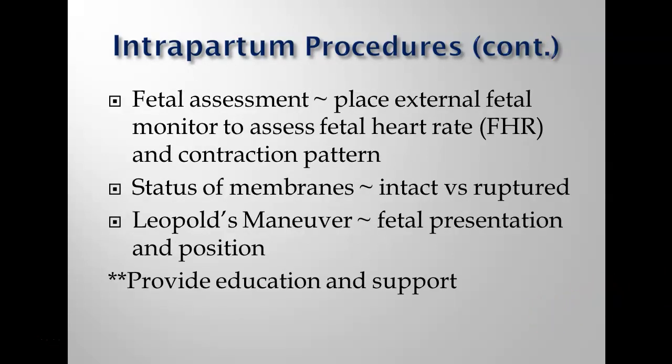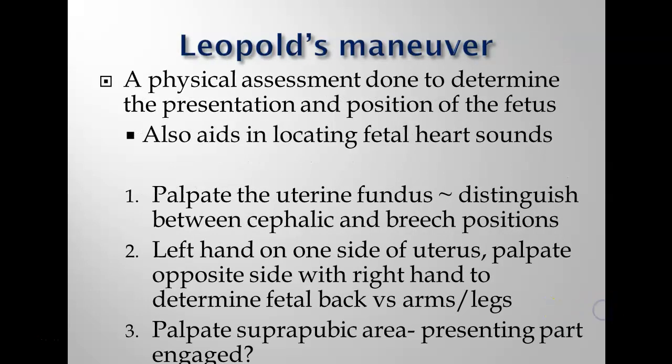We also want to do fetal assessments by placing the external fetal monitor to assess the fetal heart rate and the contraction pattern. We want to assess the status of her membranes, whether or not they're still intact or if her water has ruptured. We can do a Leopold's maneuver to feel the fetal presentation and position and get a good gauge of how big this baby is. And at this time, we definitely want to provide education and support.